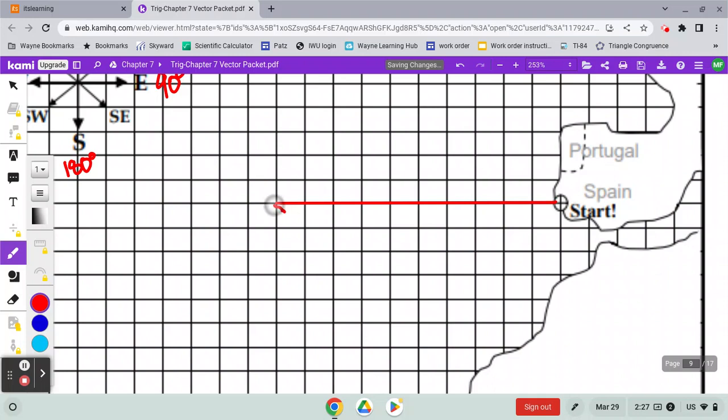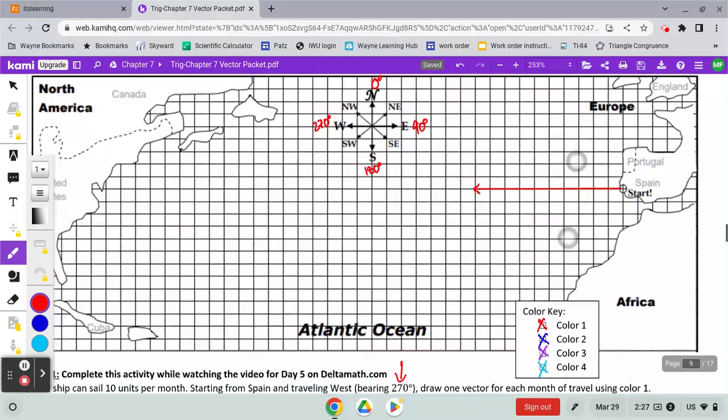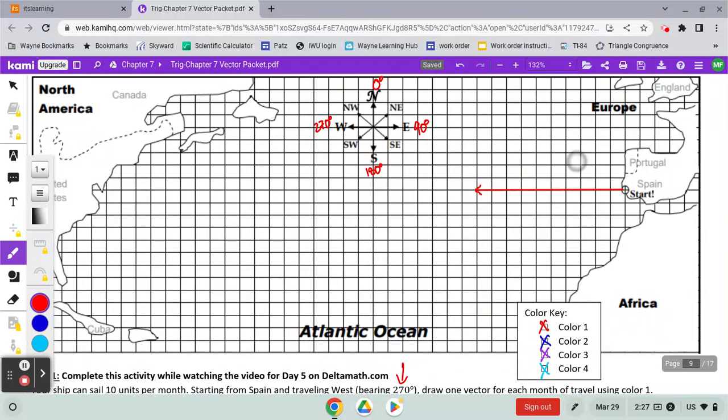And then I'm going to put my arrow there. That represents 1 month has passed. Now, this was 1 month because we went 10 units. Let's do another month. From that same spot where we ended, 1, 2, 3, 4, 5, 6, 7, 8, 9, 10, and we draw it there. That arrow represents the second month has passed. Okay, now we go for the third month.